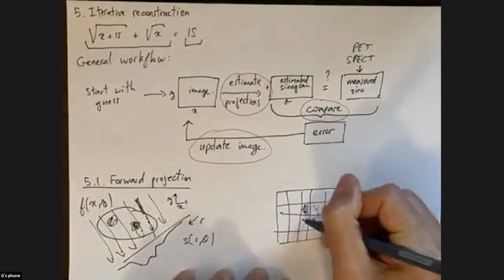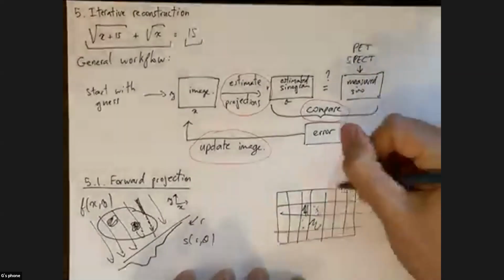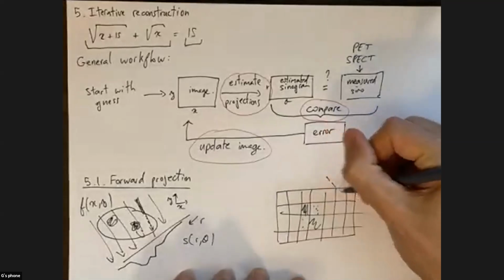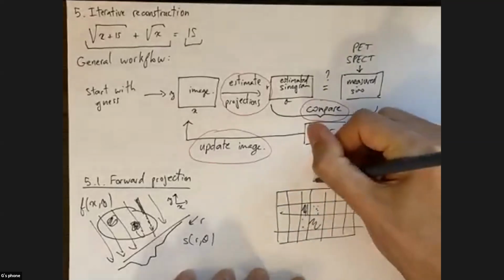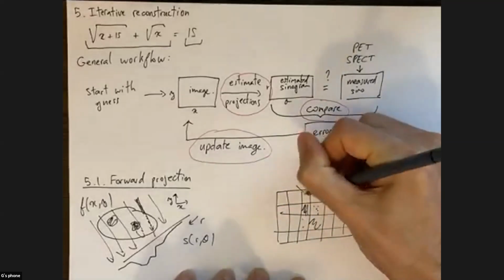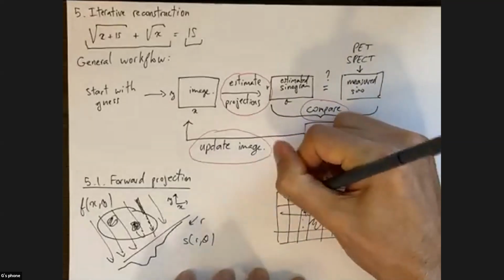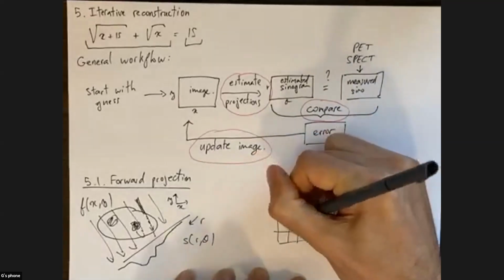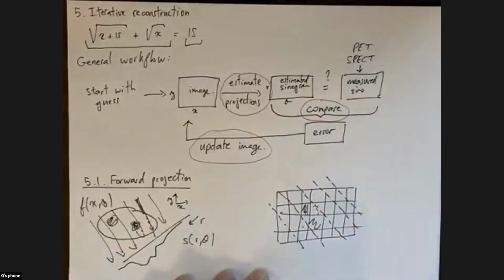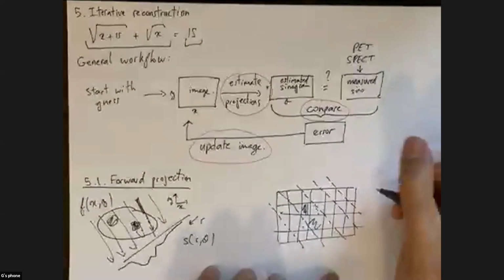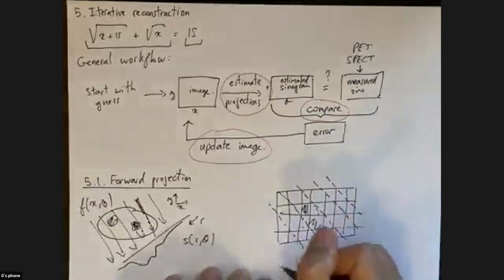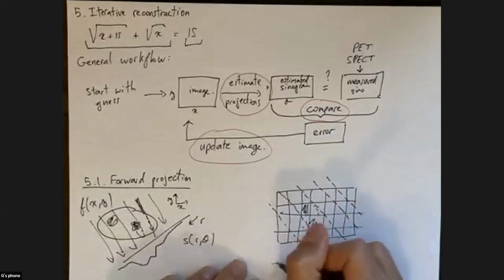Then we have those lines of integration here. We're trying to integrate the image digitally, numerically, along those lines of integration, and the way we do that is simply by using a sum formula.